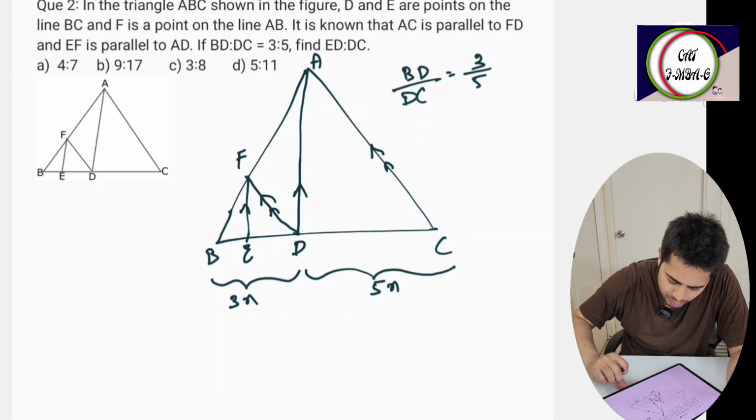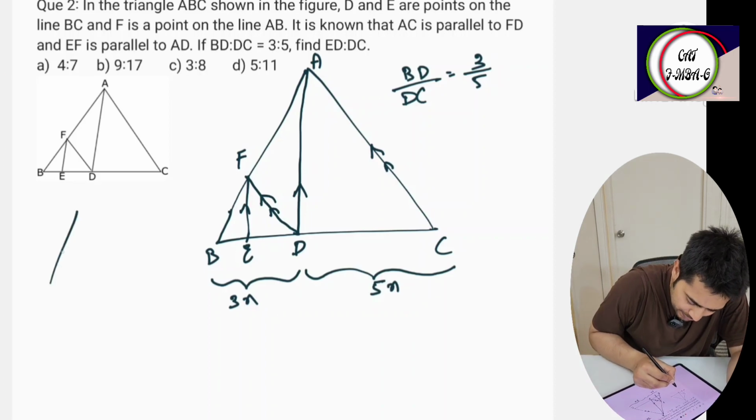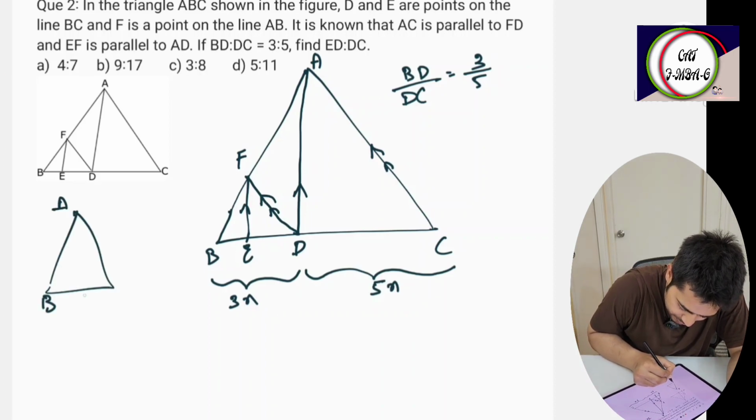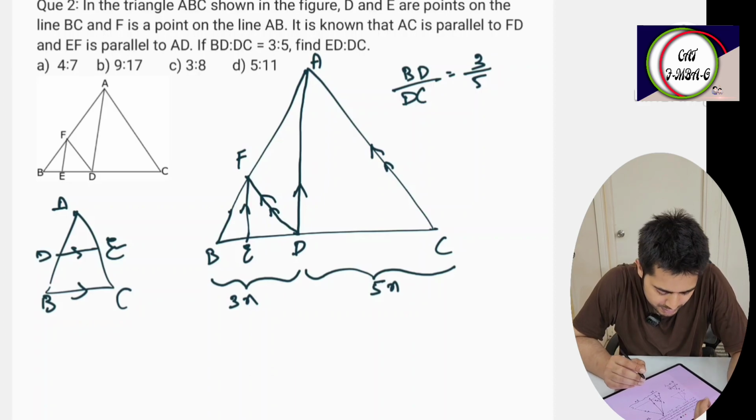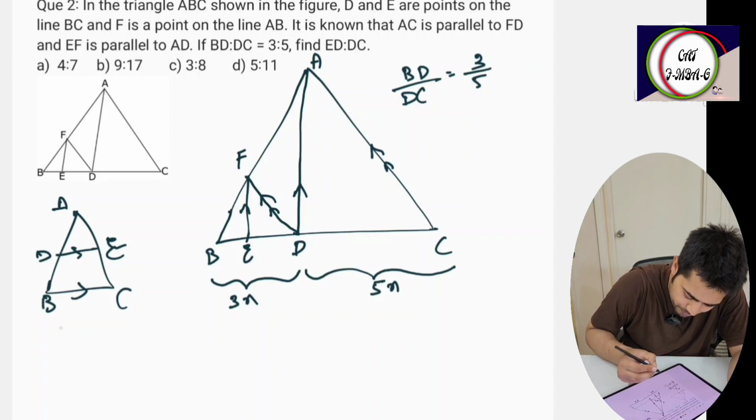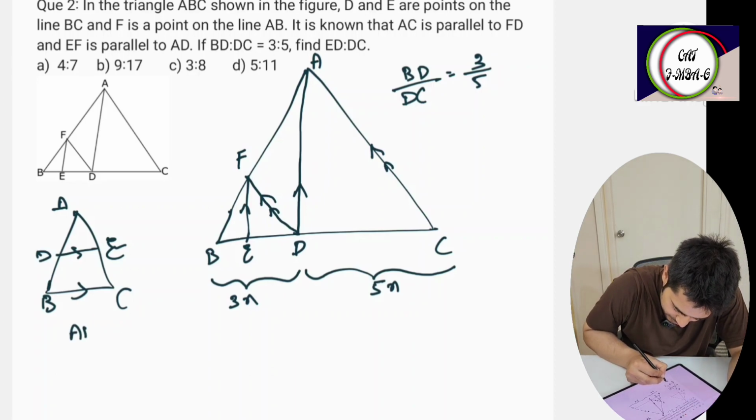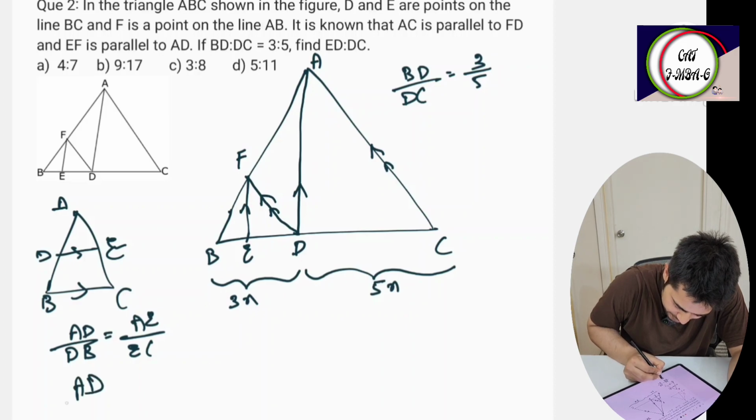Now in a triangle ABC, if DE is parallel to BC, then there is a theorem we can write as AD by DB is equal to AE by EC, or we can write AD by AB is equal to AE by AC.